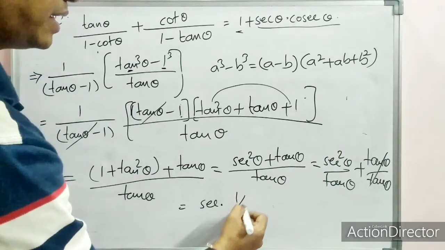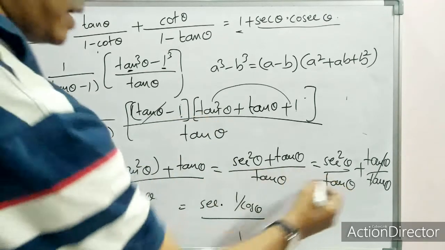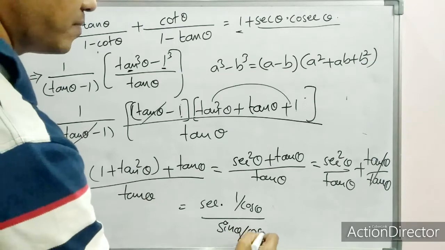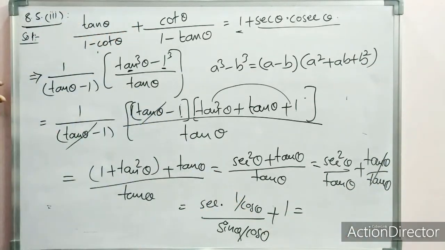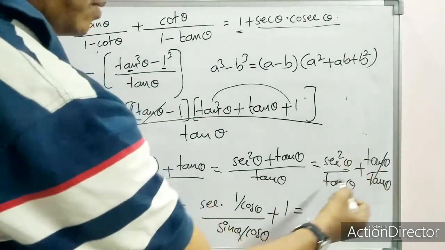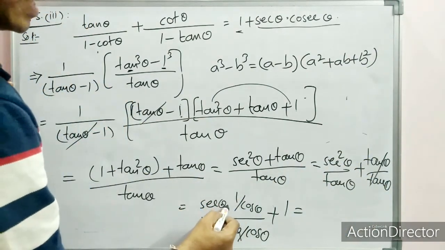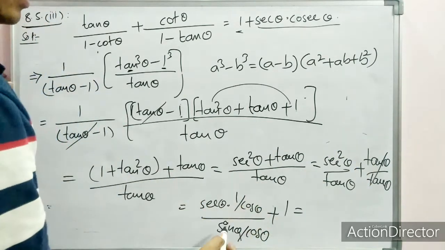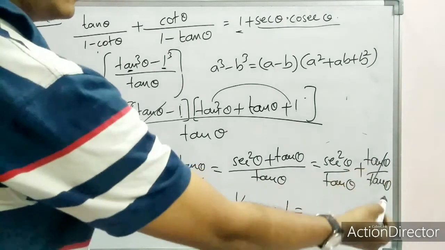That 1 secant I am writing as 1 by cos theta, and tan is sin theta by cos theta, plus this part is 1. Got it? I am simplifying. In secant square, one of the values I wrote secant theta, and the second secant I am writing as 1 by cos theta, and the denominator tan theta is sin by cos. It will be cancelled.